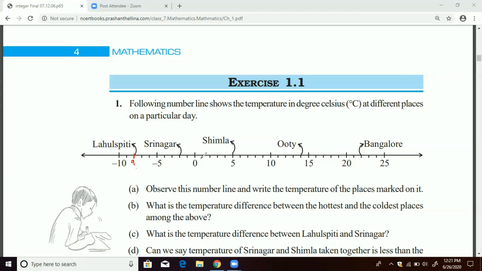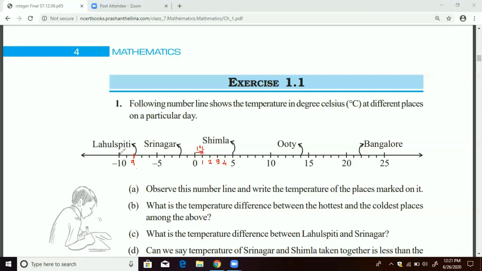Here it is -5 and here it is +5. If we count 1, 2, 3, 4, we arrive here at 5. So each small partition has a value of 1 degree Celsius.